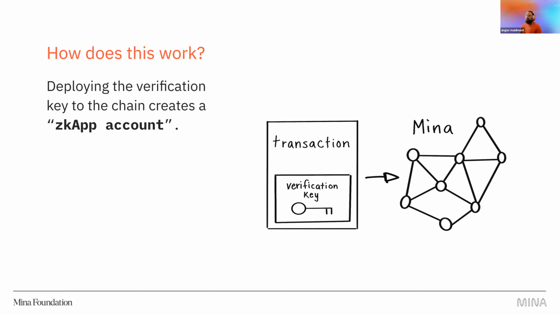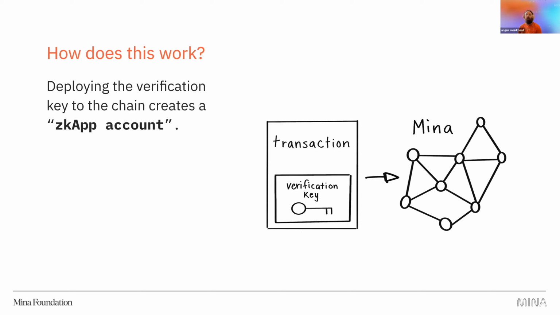So when you deploy a ZK app, you write your code, you build your code, and when you build it, you generate this verification key. When you deploy, you create a new account on the Mina network. That's a ZK app account, and then you send the verification key that gets generated to the network, and the verification key gets stored against your ZK app account.